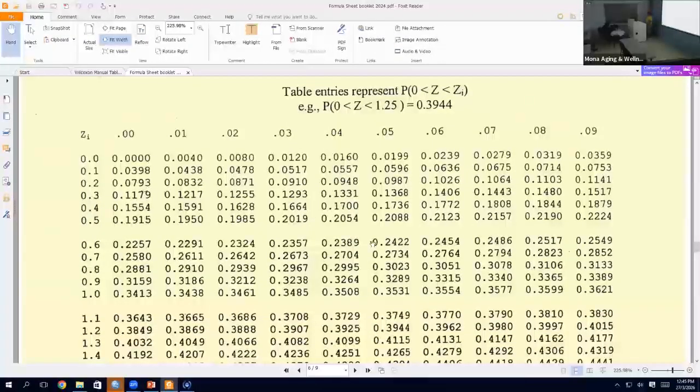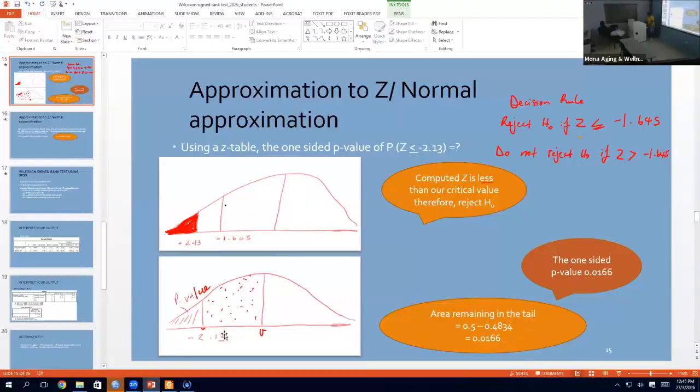But we want to know, when our computed value is on this chart, what is the area remaining in the tail? So we only use the 1.645 to compare with our computed value to decide whether to reject H0 or not. Now, to determine the p-value, we have to determine the area remaining in the tail after we've plotted our computed value.